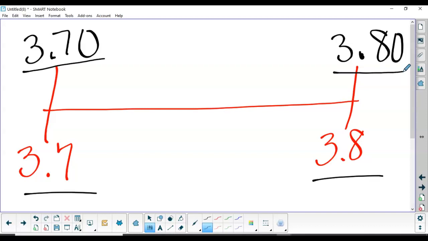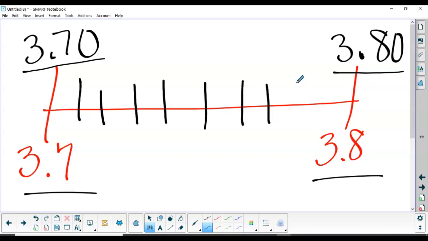Yeah, because I have lots of numbers between 3 and 70 hundredths and 3 and 80 hundredths.